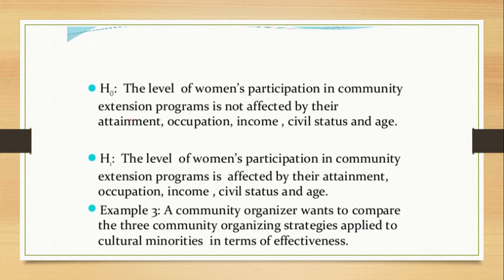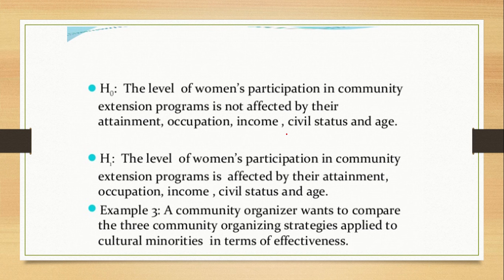So we can have here the hypothesis. H sub 0: the level of women's participation in community extension program is not affected by their educational attainment, occupation, income, civil status, and age. H sub 1: the level of women's participation in community extension program is affected by their educational attainment, occupation, income, civil status, and age.